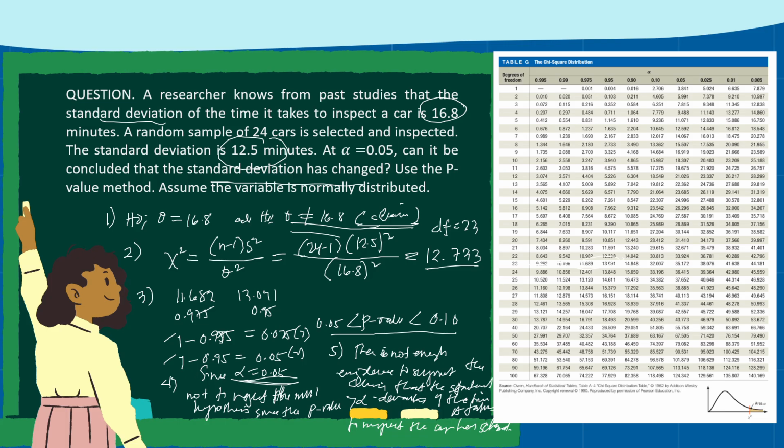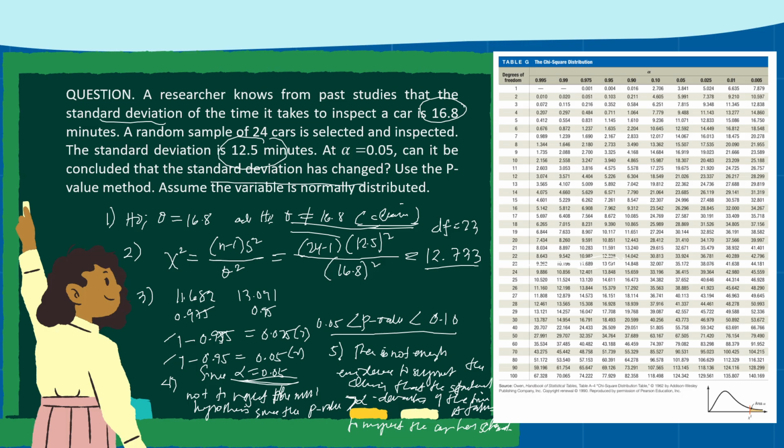So in this case, we do not reject the null hypothesis because alpha is 0.05 and the p-value is greater than alpha.